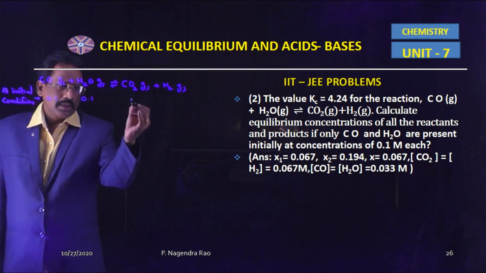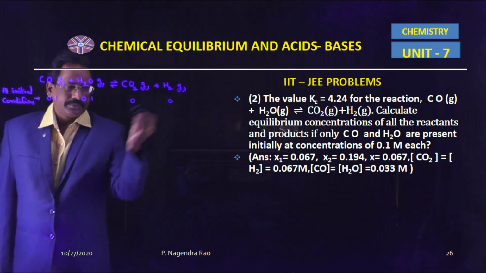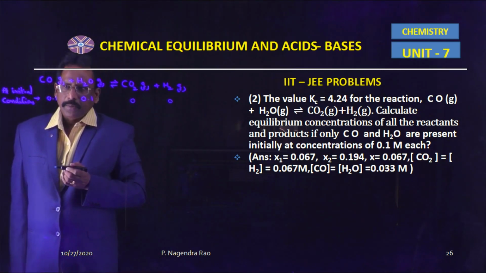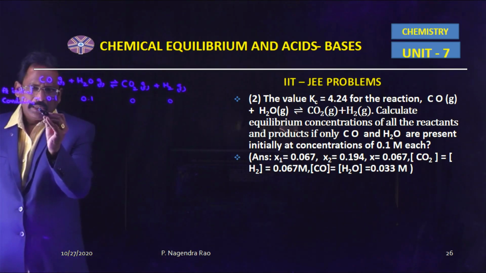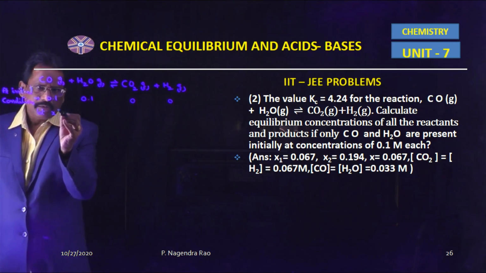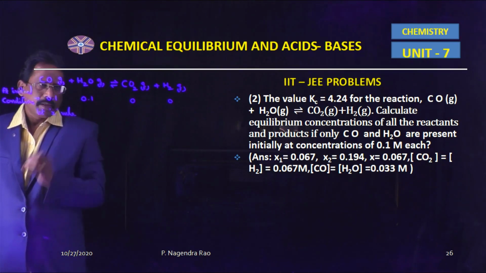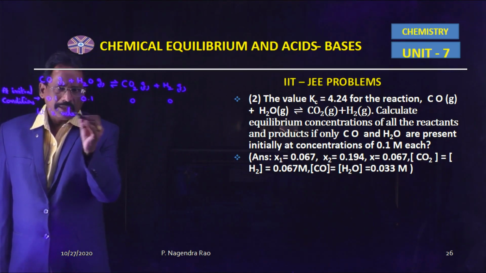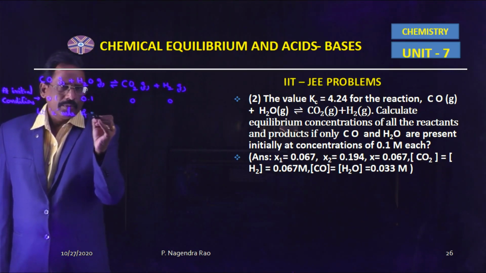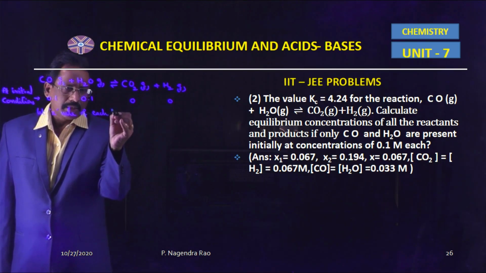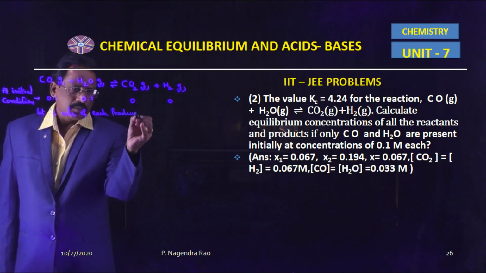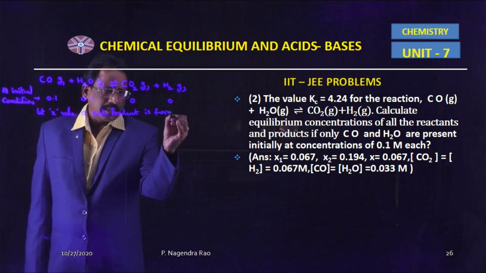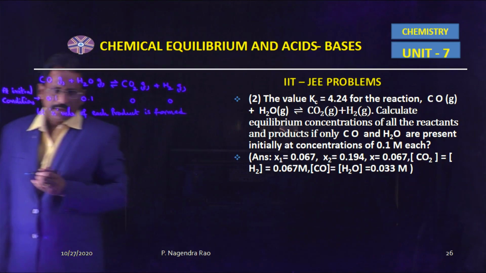This is 0 and 0 for the products because there is no chemical reaction between these two initially. Suppose X moles of each product is formed after the chemical reaction.